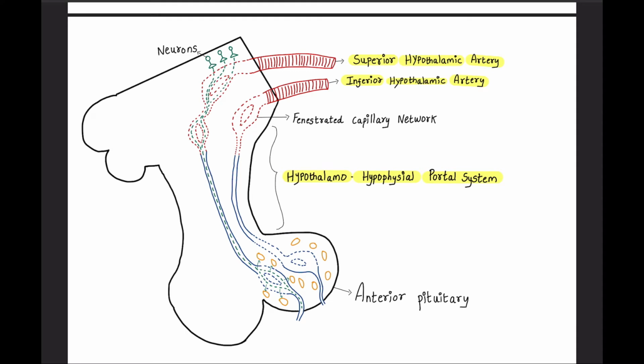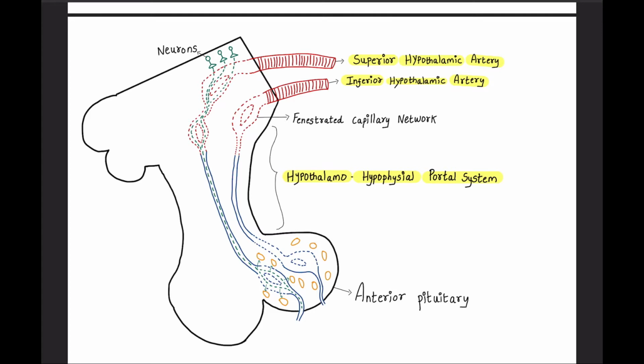So this changes from artery to capillary network, then to vein, then again to capillary network, and thus goes into the circulation. And in the hypothalamus you also have neurons.